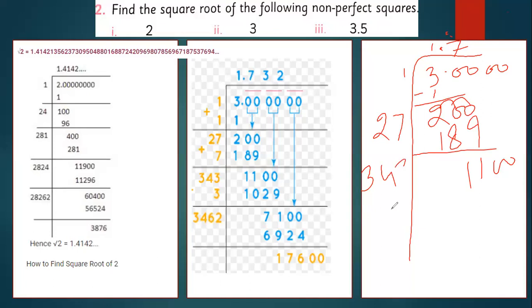So just take 3. 3 threes are 9, 3 fours are 12, 3 threes are 9, and this one is 10. So when this becomes 10, 10 minus 9 is 1. So that becomes 9. 9 minus 2 is 7. And this will be 0 and 0. So 71. So you just do the next step more. Okay. So that's the solution.